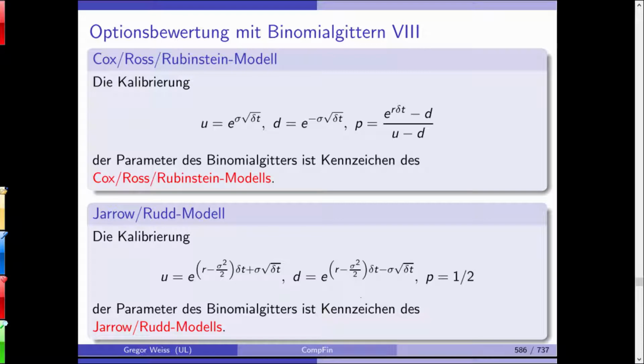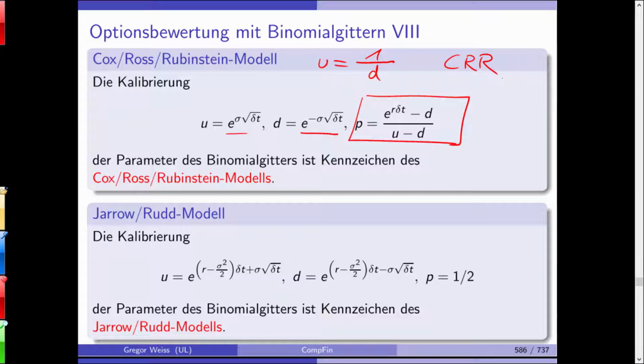If we take the binomial model, a binomial lattice, and we set U equal to this expression, D equal to this expression, so U is equal to 1 over D, and we use the pseudo risk neutral probabilities, this is the Cox-Ross-Rubinstein model, also abbreviated CRR.